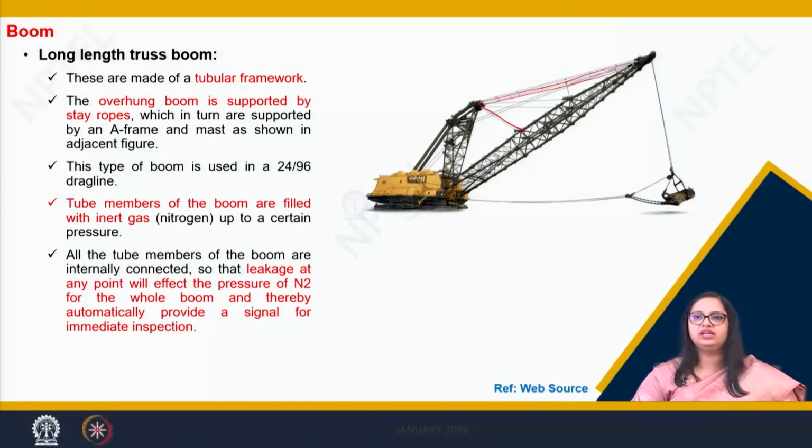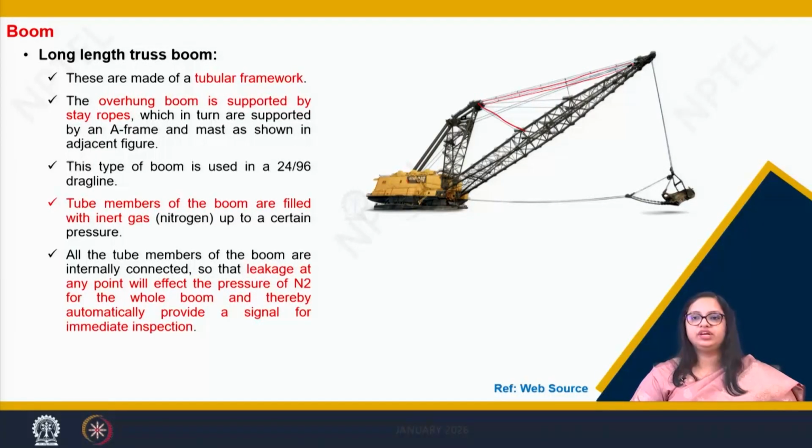Again, in case there is any failure in this kind of boom, this boom is filled with nitrogen gas. When it is filled with nitrogen gas to certain pressure, it gives certain stiffness to this boom, so that it does not buckle while it is operating at such a longer length.